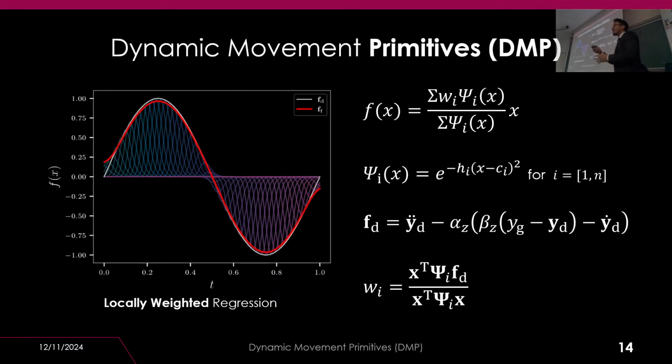I believe it has been done already: Kober and other authors, in 2009 or 2012, something like that, did a merging between classic DMP and reinforcement learning to tune what they call meta parameters, which is basically how many Gaussian kernels, what is the critically damped choice of parameters, and so on.